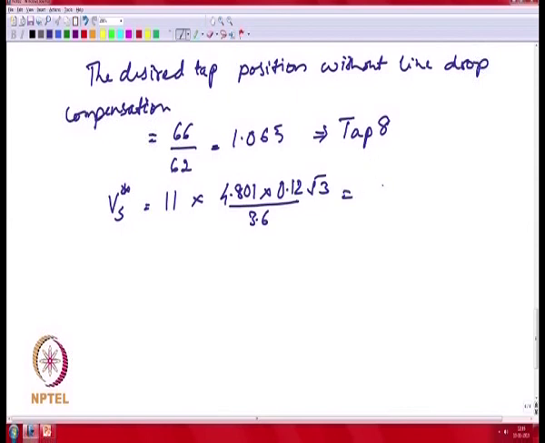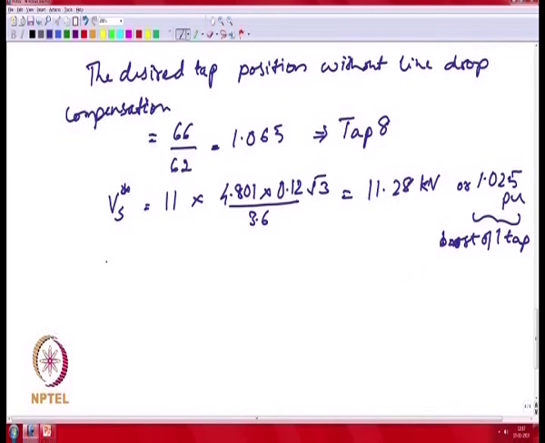This would correspond to, so essentially again this would correspond to a boost by 1 tap. So, your actual tap location would be tap 8 plus 1 tap boost for your line drop.